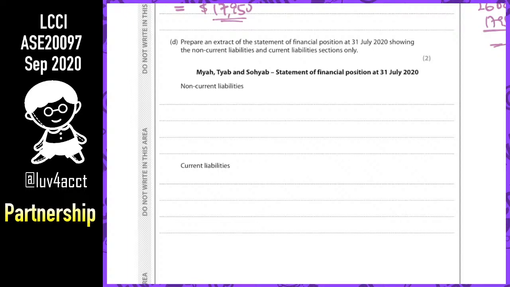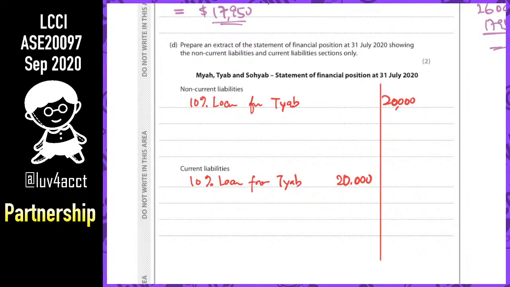Okay, so that means first of all, you will have 10% loan from him, in both items, and that would give you 20,000. Okay, this I would do it like this, because you will have one more item of current liability.